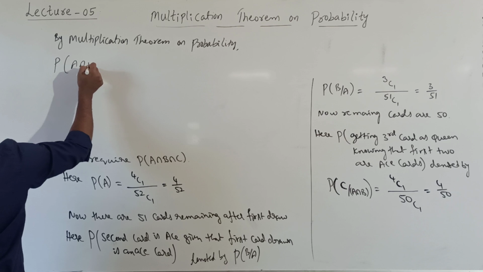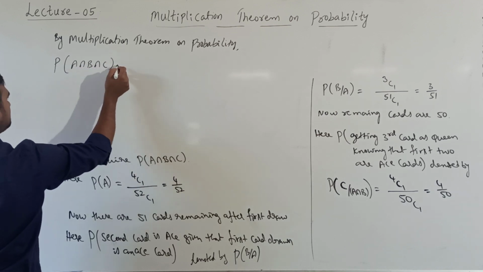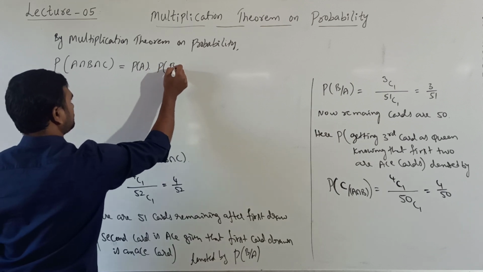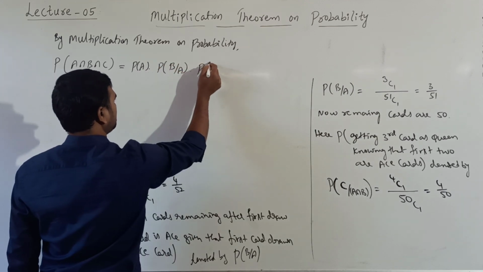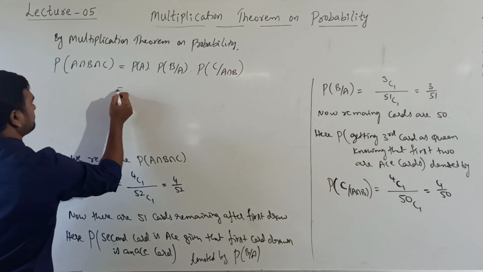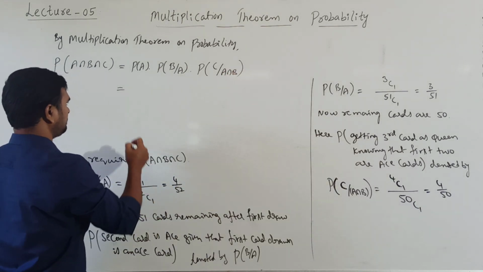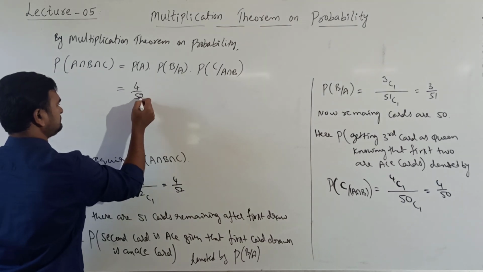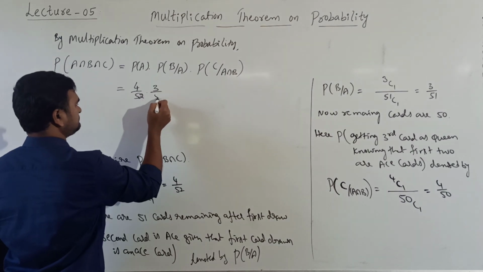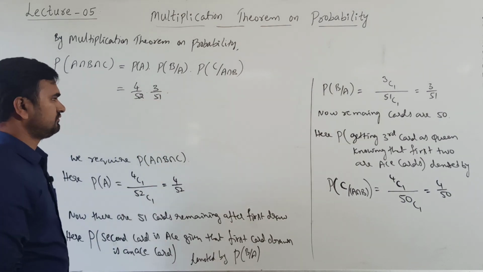Probability of A intersection B intersection C can be written as probability of A into probability of B given A into probability of C given A intersection B. So the first probability is 4 by 52, into the second one, 3 by 51, into 4 by 50.